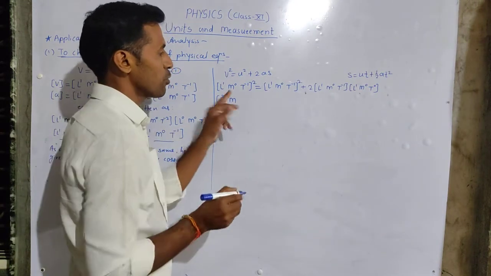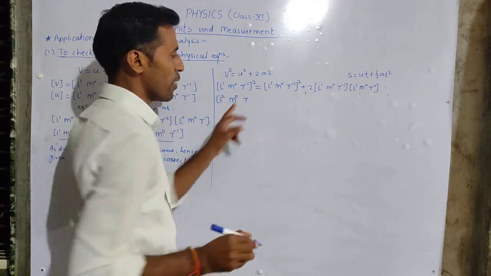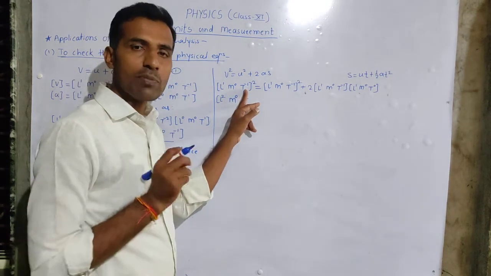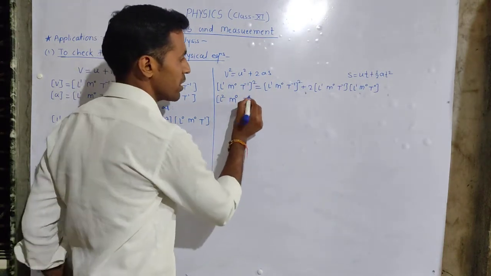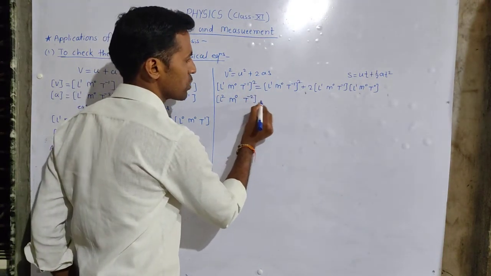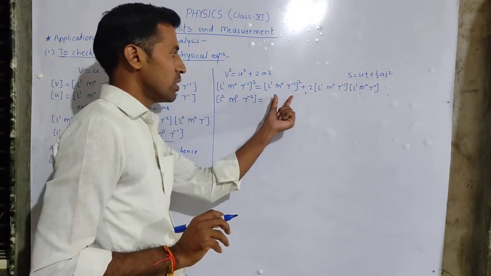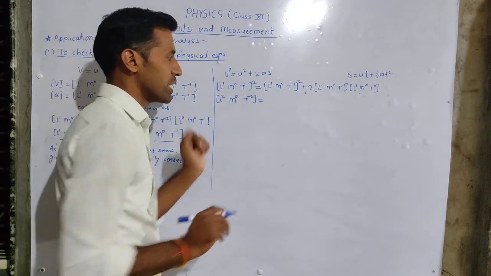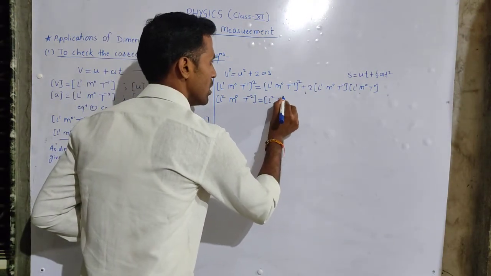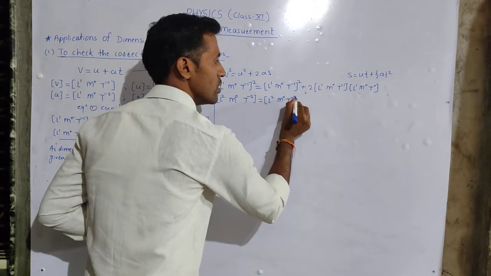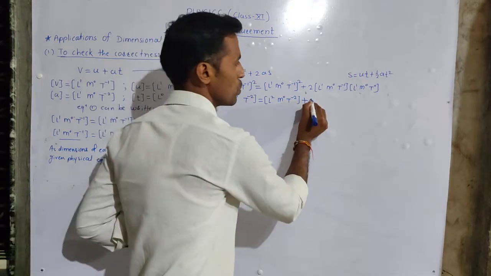After that, m to the power 0, its square remains 0, and t to the power minus 1, if we apply the square, becomes minus 2. The dimension of this term becomes the same as we have written here, that is L2 m0 t minus 2. Plus 2 also remains as it is.